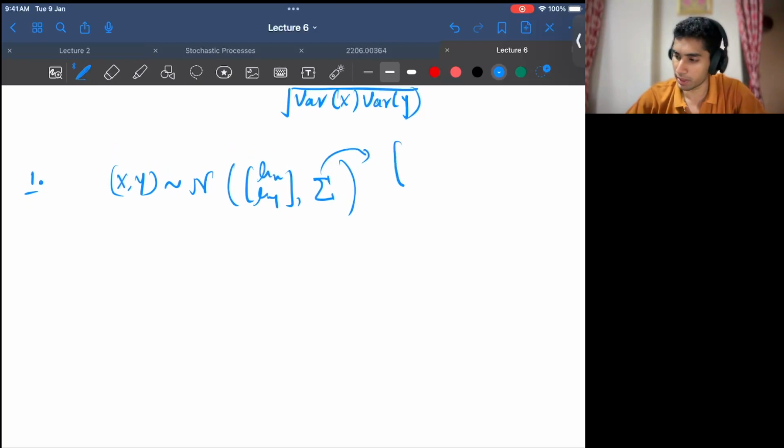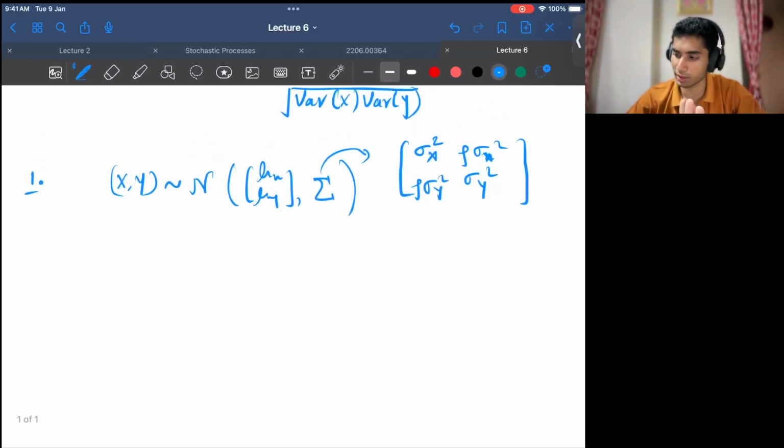Sigma is basically a matrix. When you talk about multiple random variables, you are actually talking about a vector valued random variable, and hence everything can be written in the form of vectors and matrices. So sigma is nothing but this: sigma x square, sigma y square, rho times sigma x square, rho times sigma y square, or something like that. I don't remember the exact form, but it's something like that. Okay.